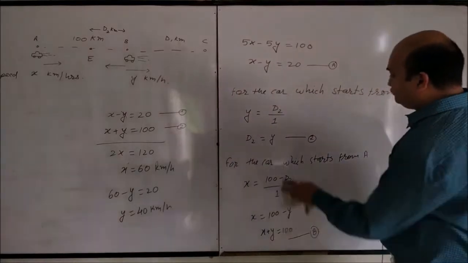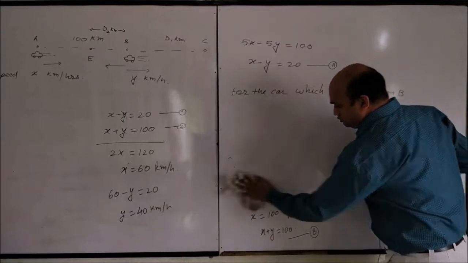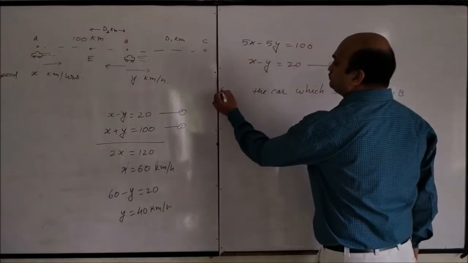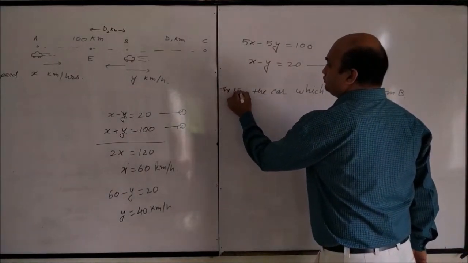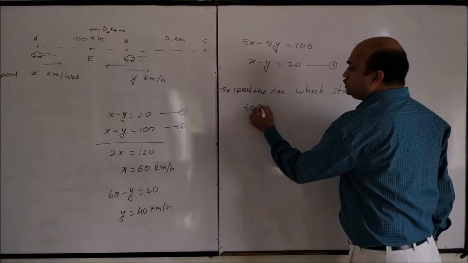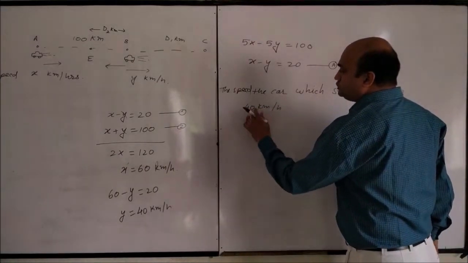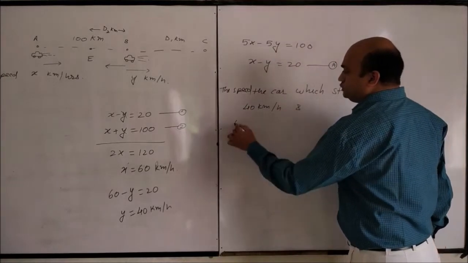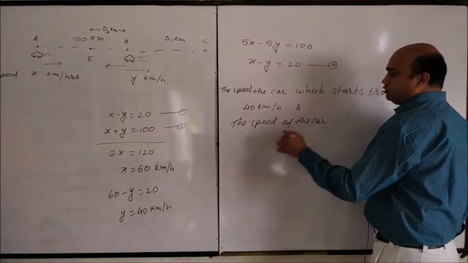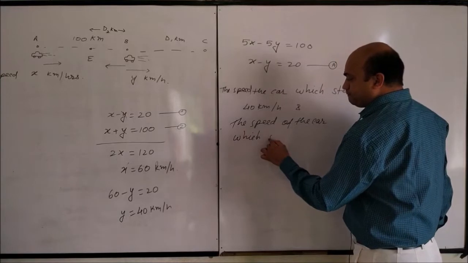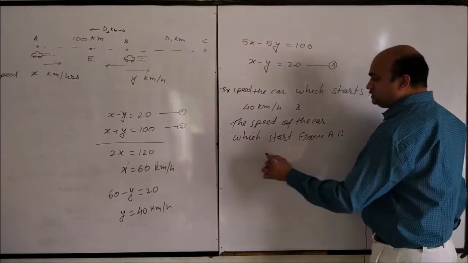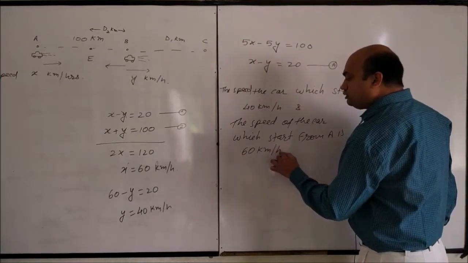At last we can write the answer: the speed of the car which starts from B is 40 kilometer per hour, and the speed of the car which starts from A is 60 kilometer per hour. Thank you.